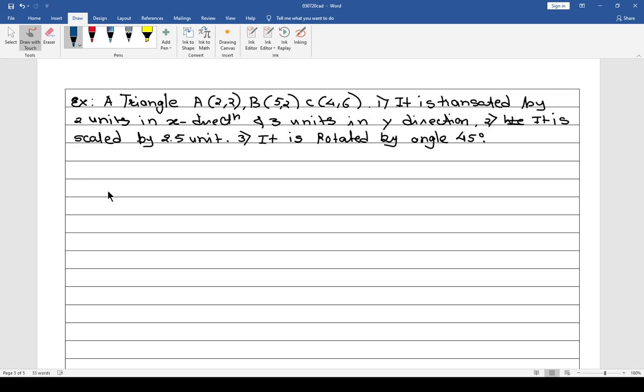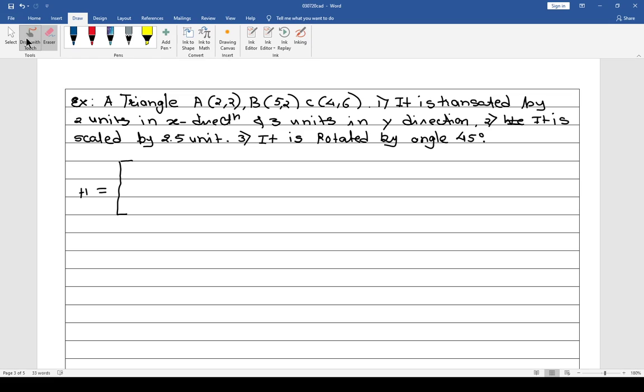Okay, and therefore my triangle now, first I would like to find out what is going to be my H. Okay, so my last operation is my first matrix. So cos of 45, I just write the value directly here.